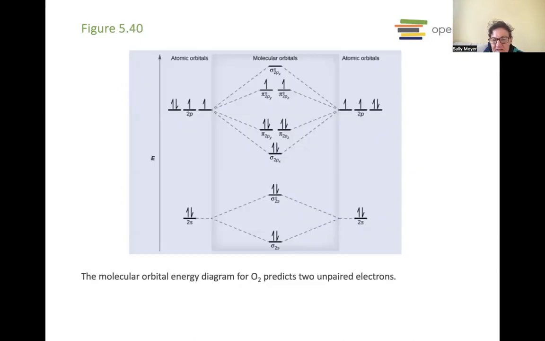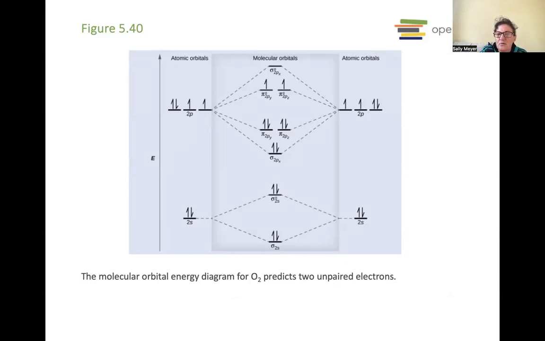So this just shows you O2 and that question we started this chapter with, that oxygen actually has 2 unpaired electrons. And so when we create the molecular orbital diagram for it, we have 2, 4, 6, 8, 10, 11, 12 electrons in the valence shell.